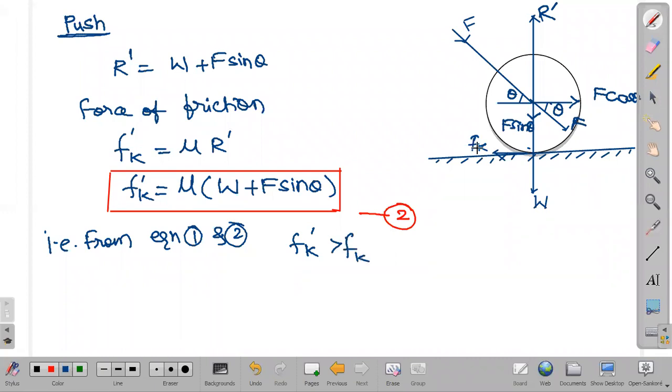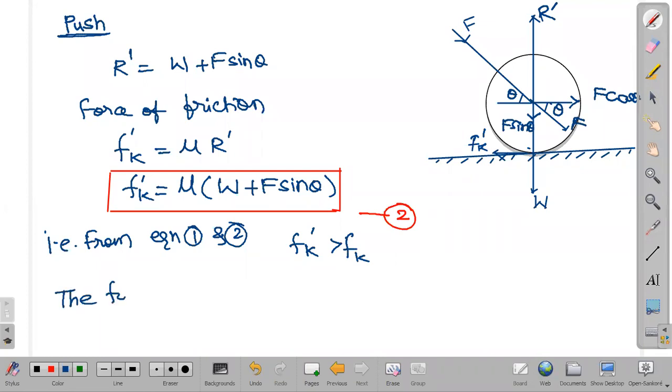The kinetic friction in the pushing case is greater as compared to kinetic friction in the pulling case, right? So the force of friction is more in case of push than in case of pull. So it is easier to pull a body than to push it.